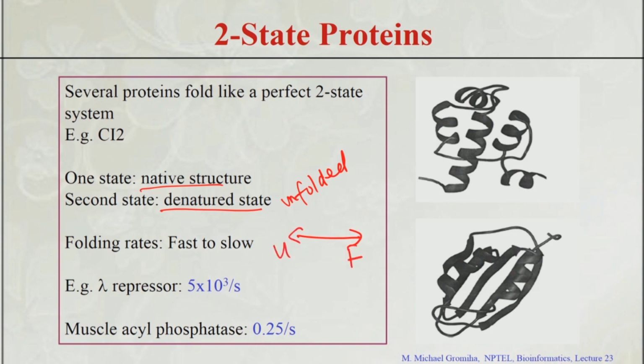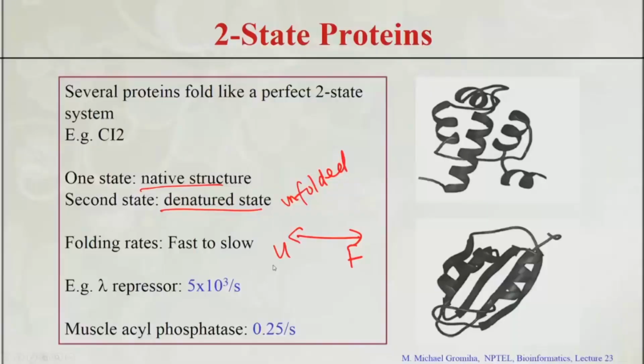Several proteins fold in a perfect two state manner, and being small proteins, we know the experimental data for their folding rates. So, they can have fast folders and slow folders even if all the proteins are two state proteins and small, about 100 residues.